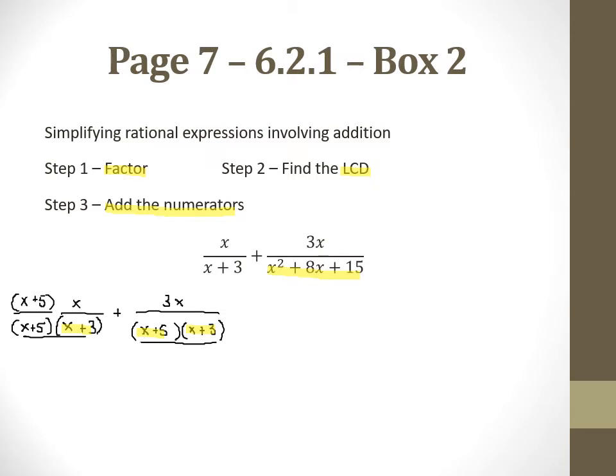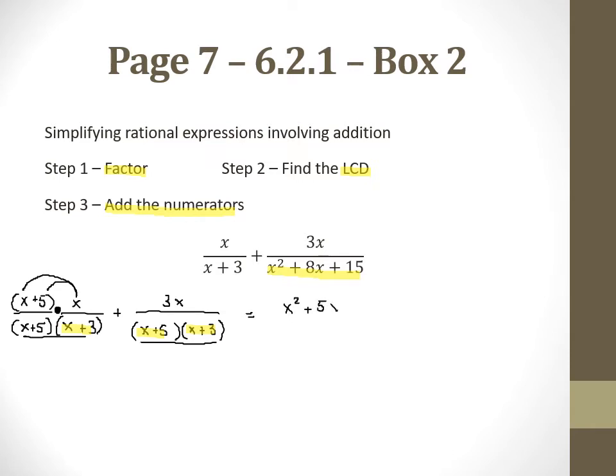So here we have a little bit of tidying up to do as we add across. Right here on this multiplication, I need to distribute. X times x becomes x squared. And x times 5 becomes 5x.